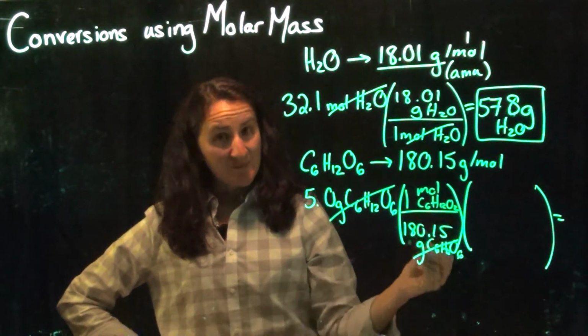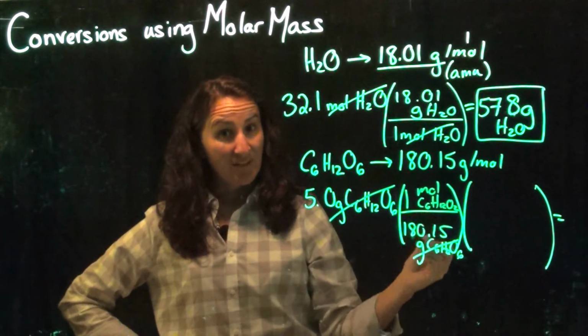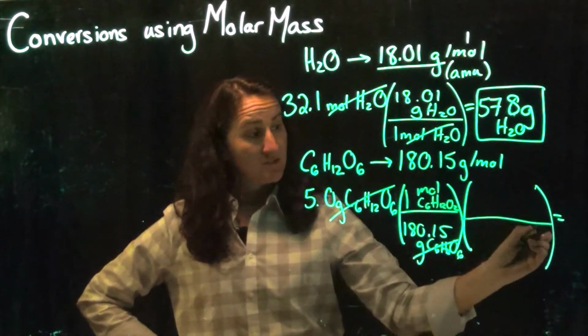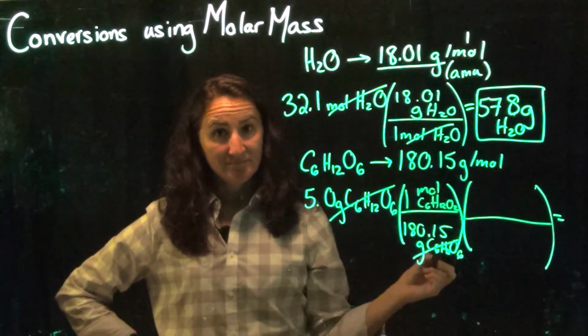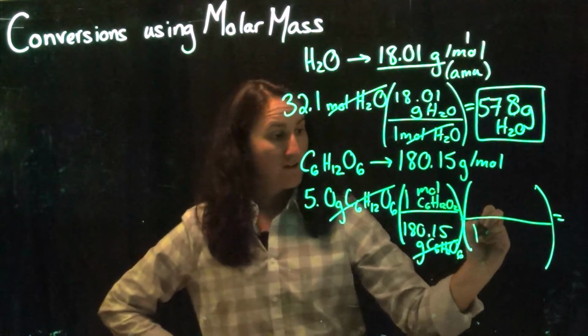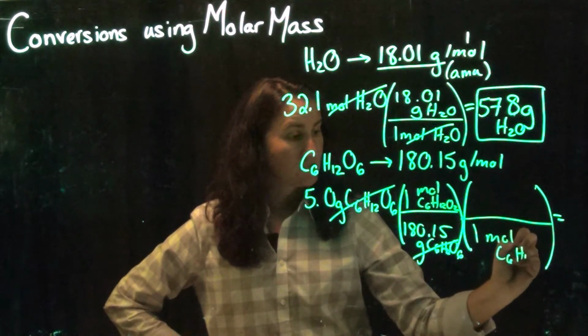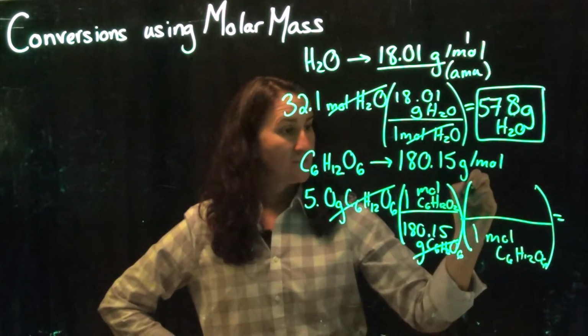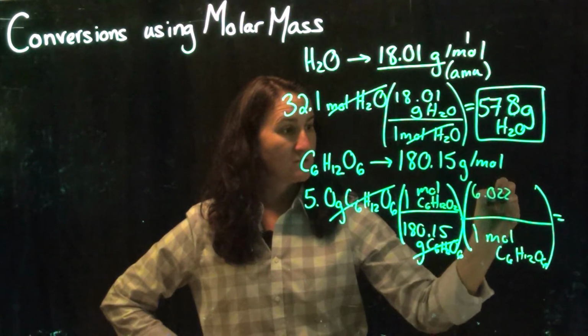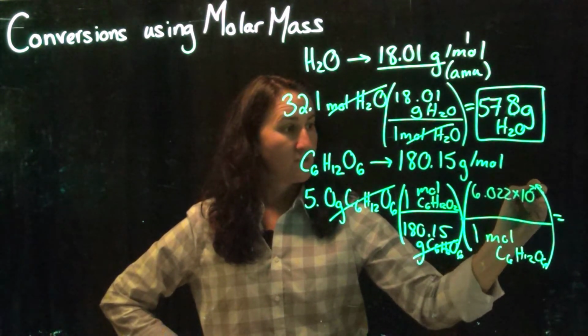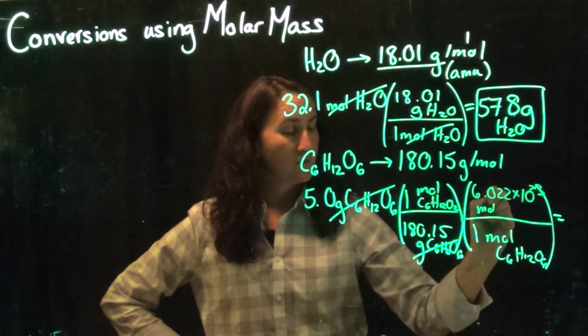Avogadro's number, 6.022 times 10 to the 23rd. That's what we're going to use. So does that go on top or bottom? Hopefully you said on top. 1 mole of C6H12O6 is equal to 6.022 times 10 to the 23rd molecules.